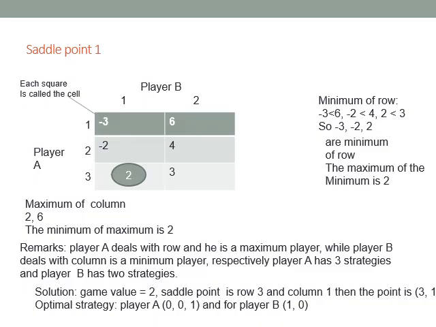Now, this is a general picture. Player A faces 3 rows, that means he has 3 strategies, while player B has 2 columns, that means he has 2 strategies.